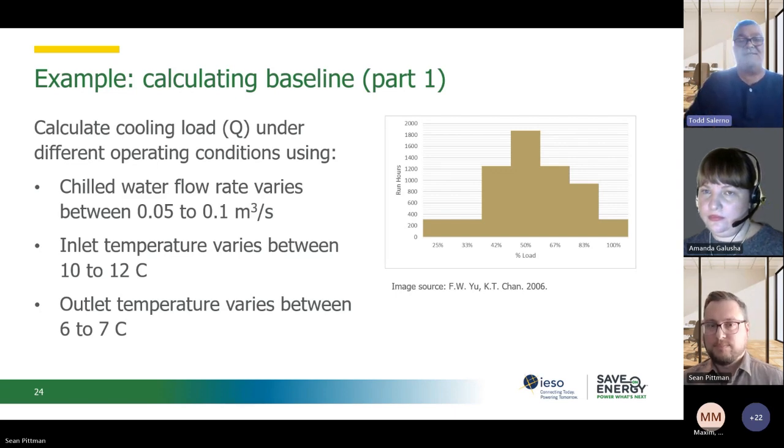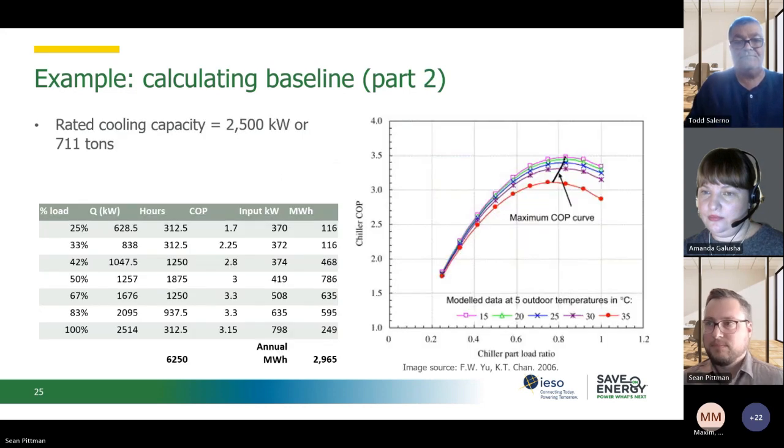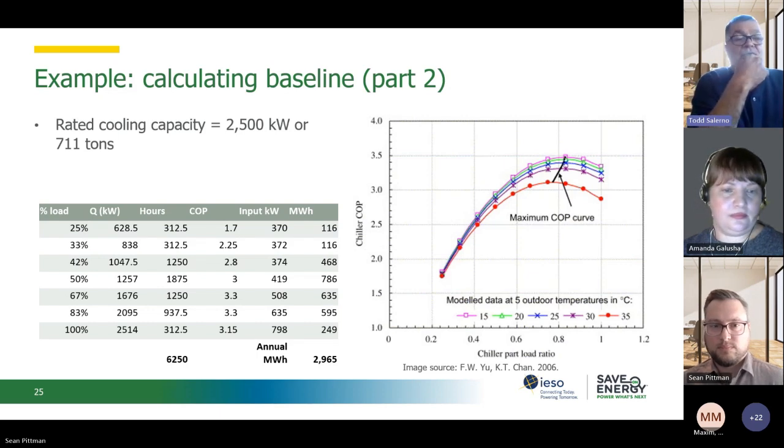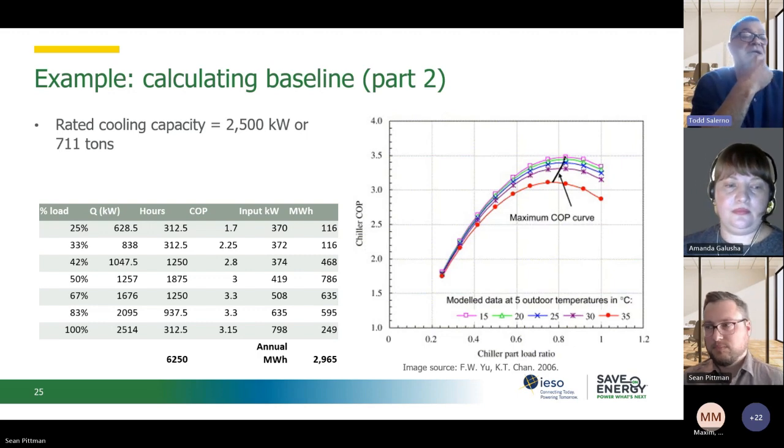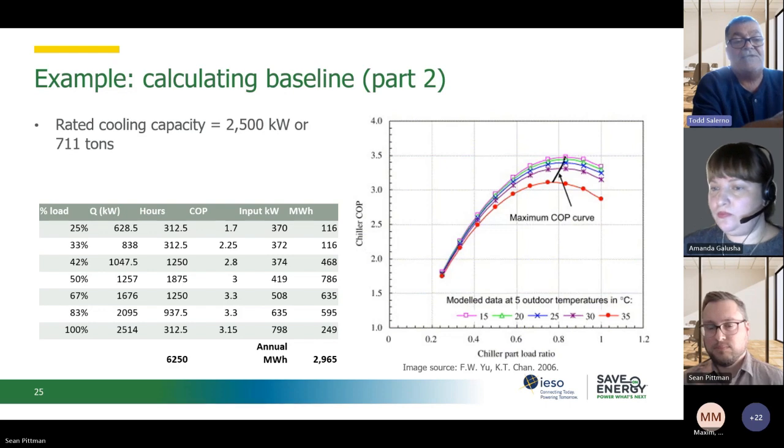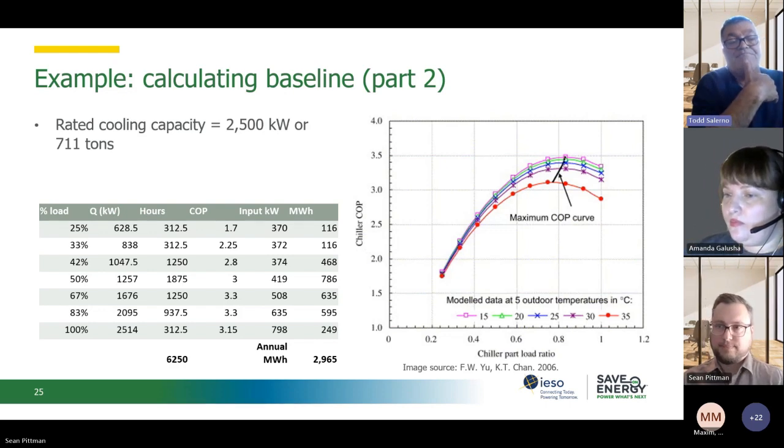If you go to the next slide, you can see from the graph on the previous slide, look at the far left column, the percent load, and the hours per year in which that level of cooling load occurred.